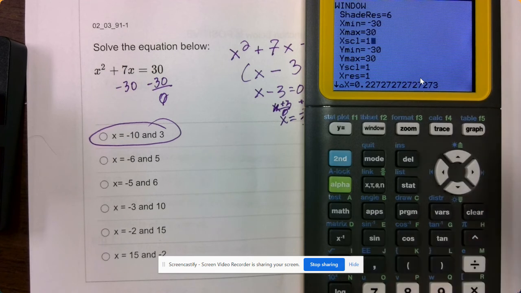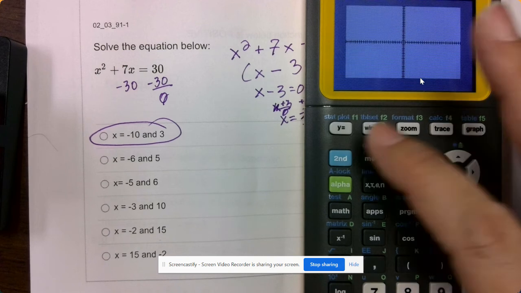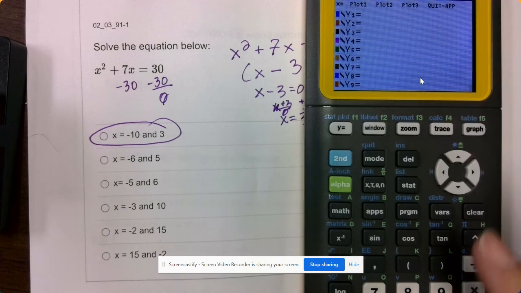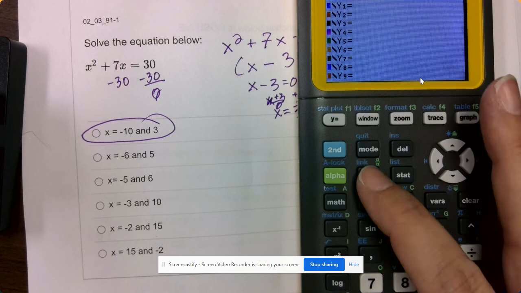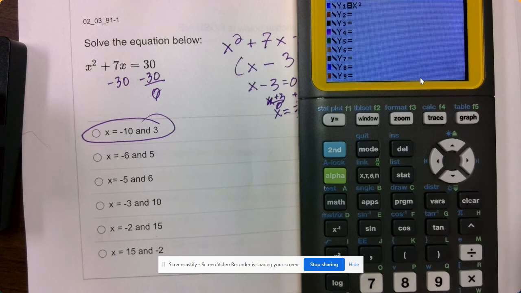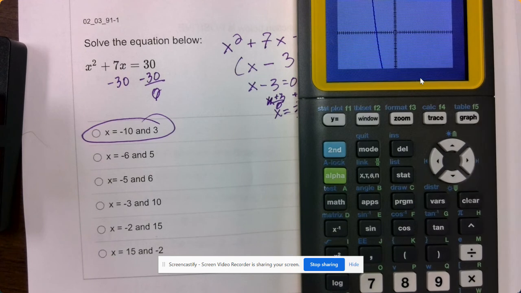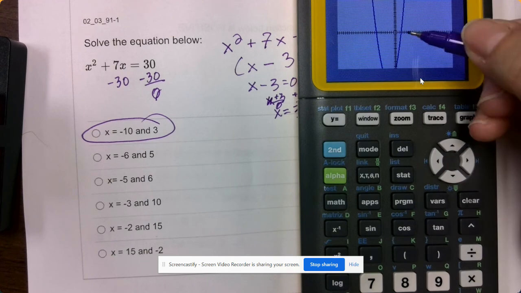Okay, and then when we graph it, everybody remember we're going to do x squared plus 7x minus 30, there we go, graph, and it would show us where our intercepts are right here at negative 10 and at 3. Okay.